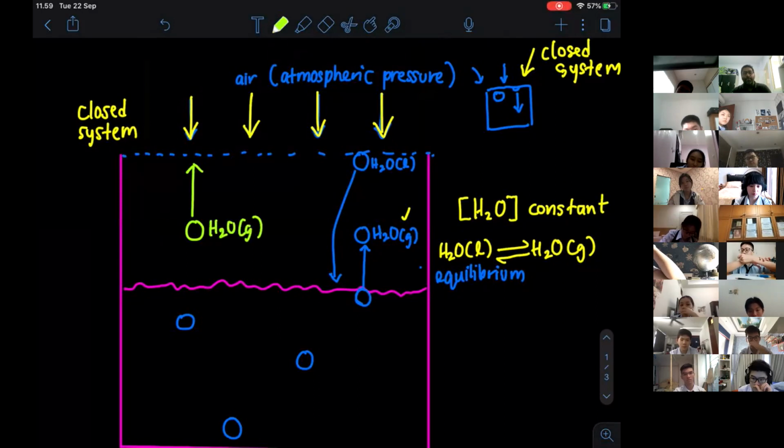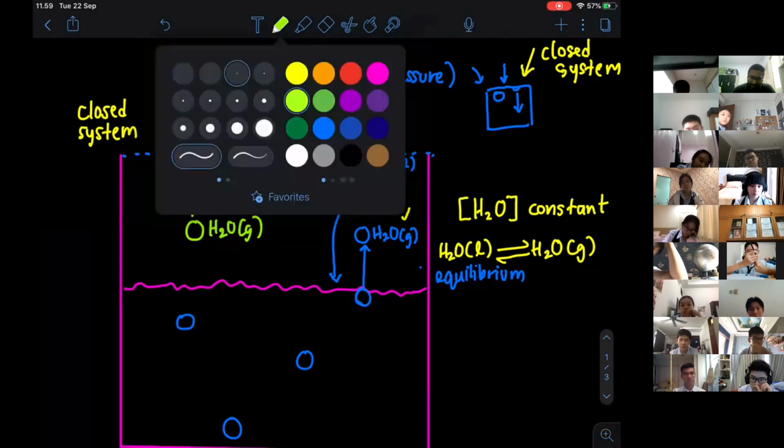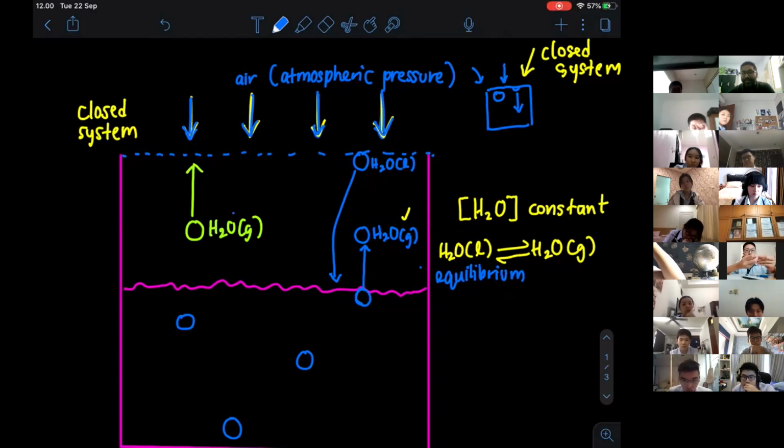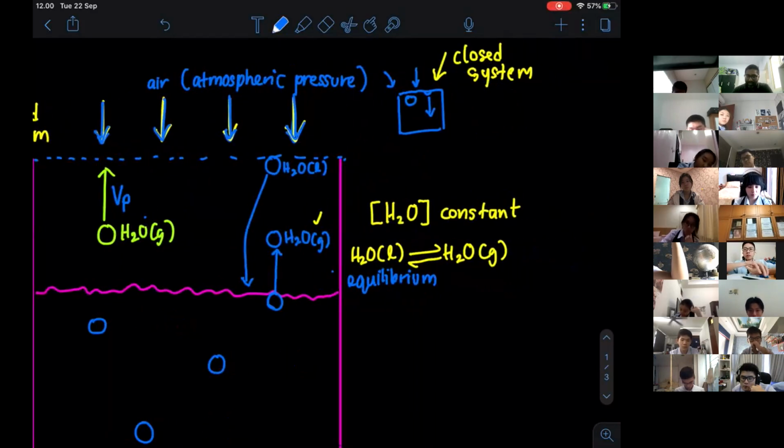They are trying to overcome the atmospheric pressure, but because there are four lines trying to hold them together, the atmospheric pressure is greater than the pressure exerted by this gas. The pressure exerted by this gas is called vapor pressure, VP. So I'm going to put it over here.